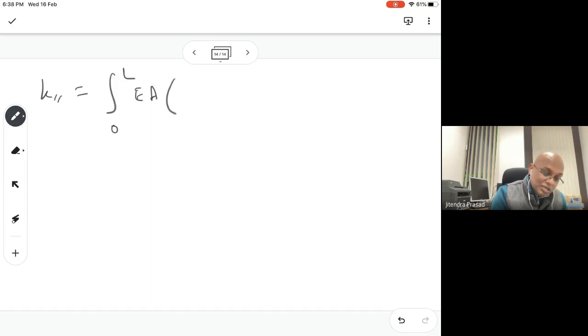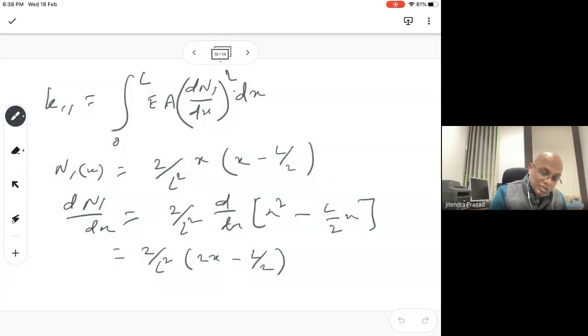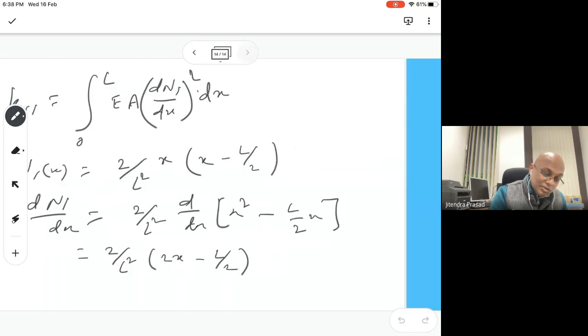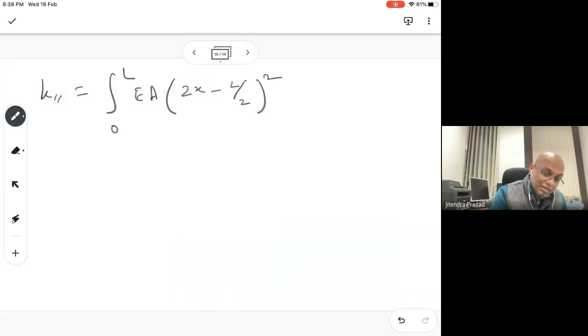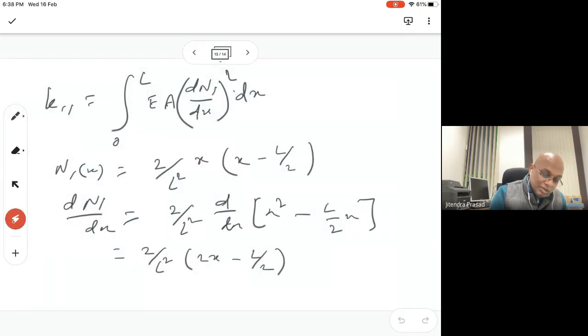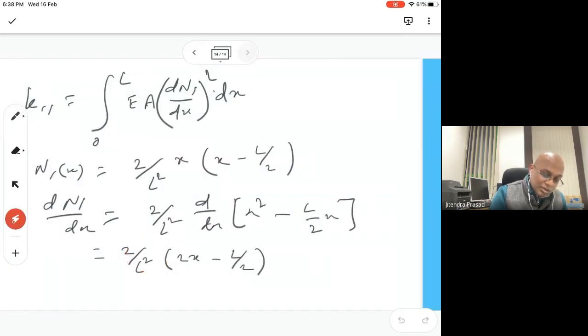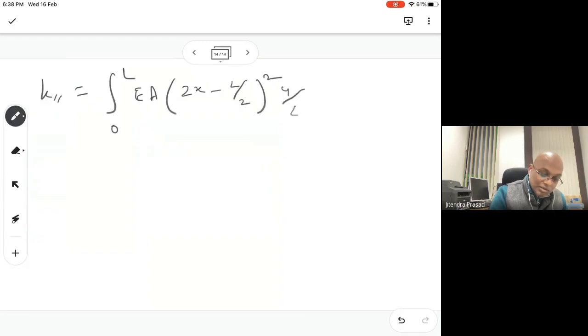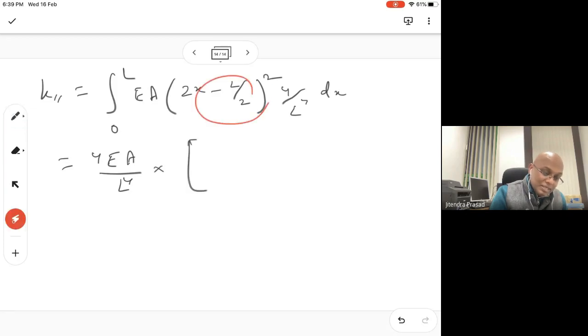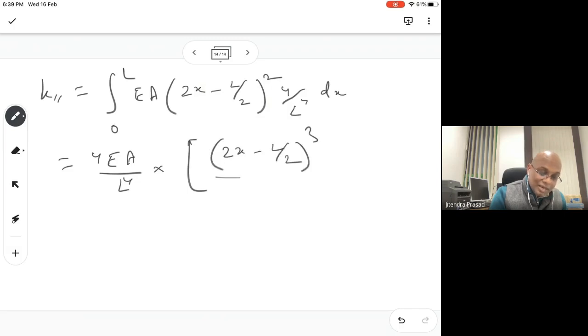What we got is 2x minus L over 2, squared, and then we also have to square the prefactor, so 4 over L to the 4, dx. So it will be equal to EA, which are constant, 4EA over L to the 4, multiplied by 2x minus L over 2 cubed, divided by 3 multiplied by 2, right?